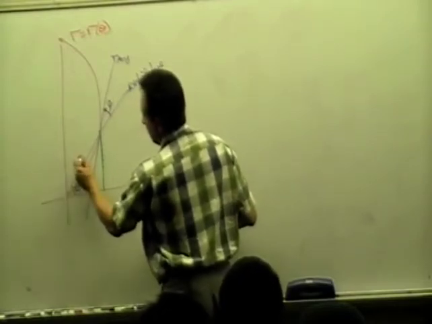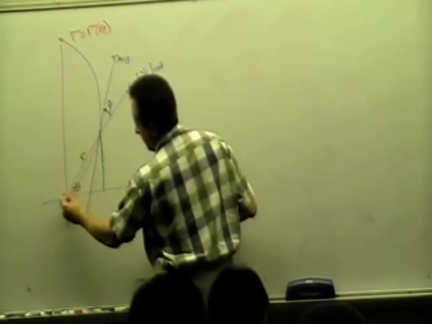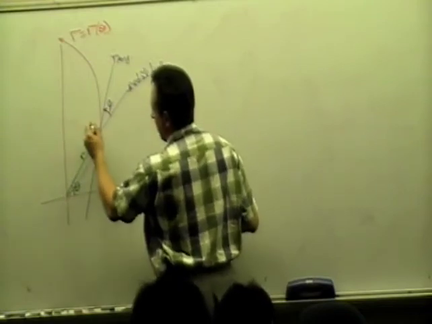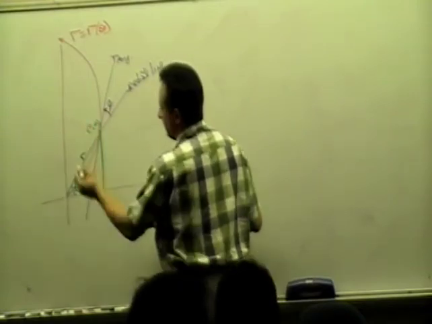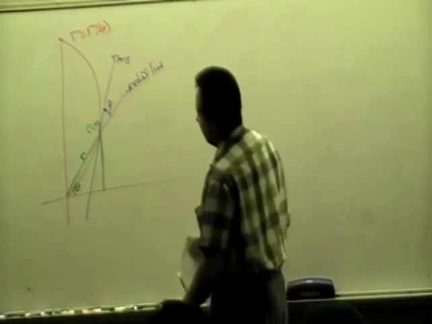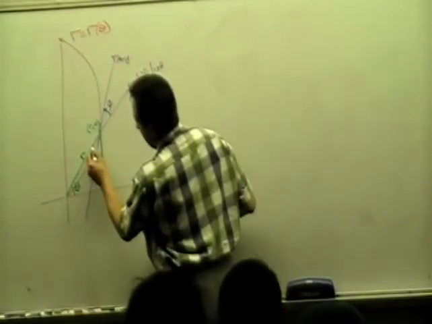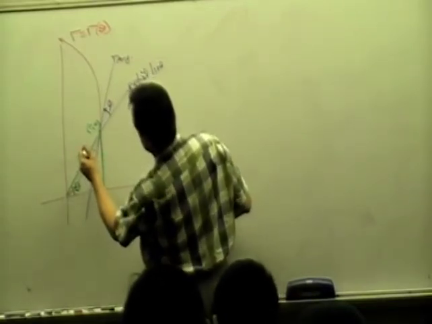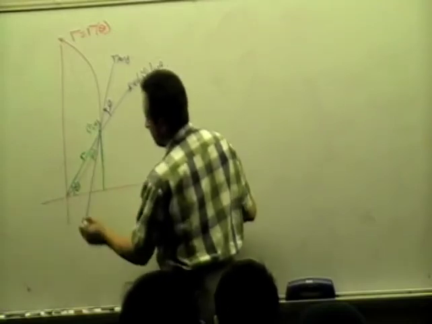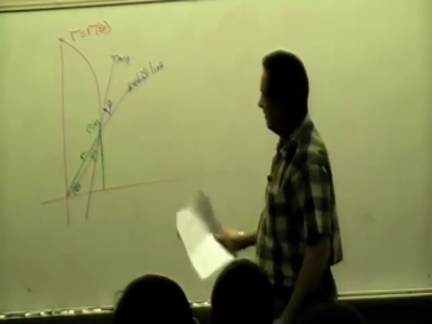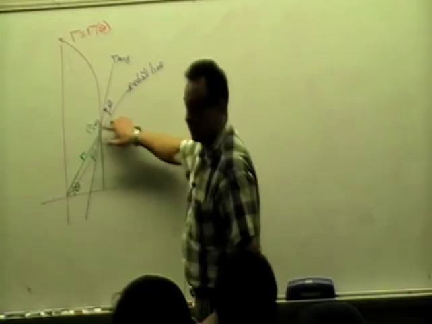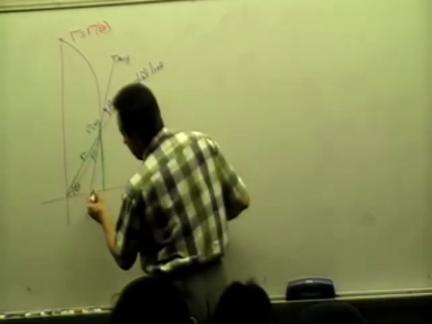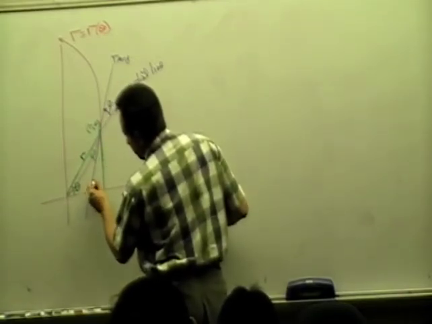Because you go theta out, this is r, so theta and r get you to that point, r of theta. If this is psi, this angle right here is psi, right? Vertical angles. And let me call this angle right here alpha.